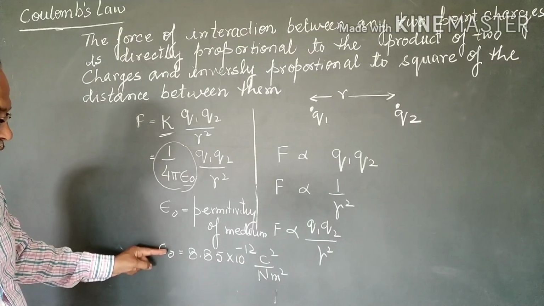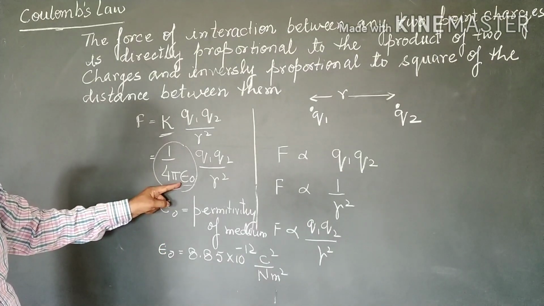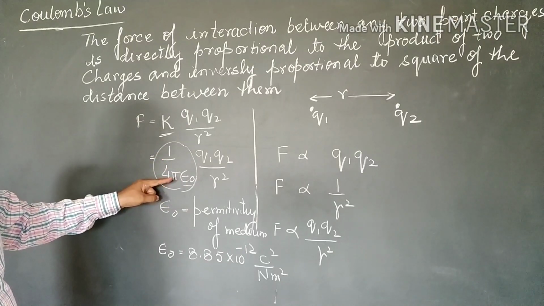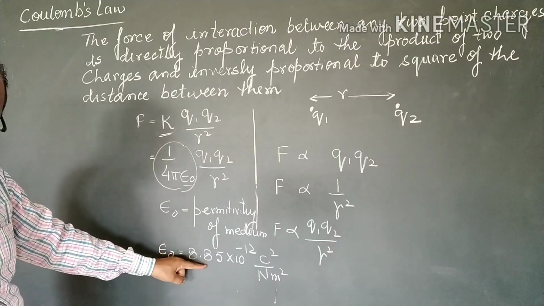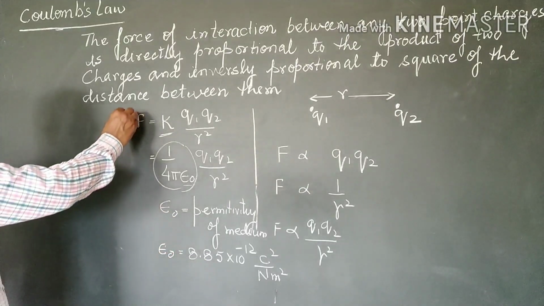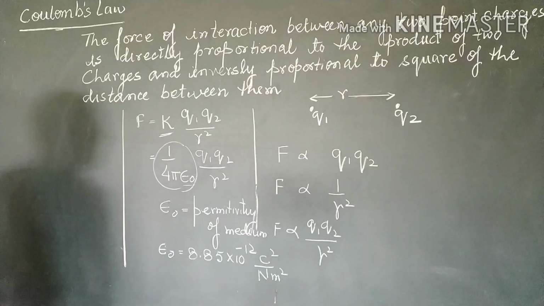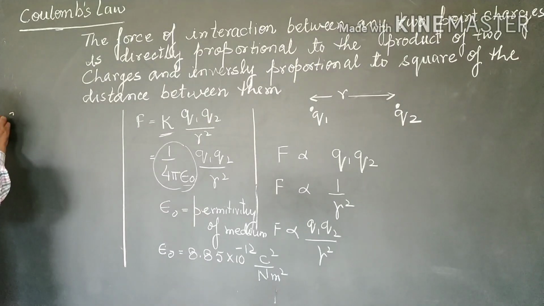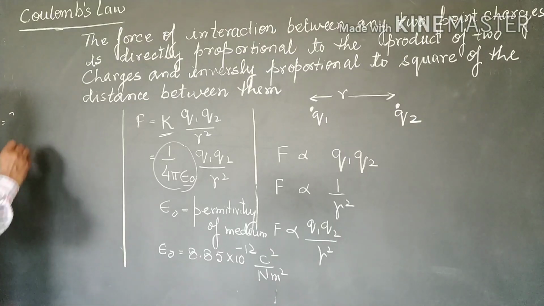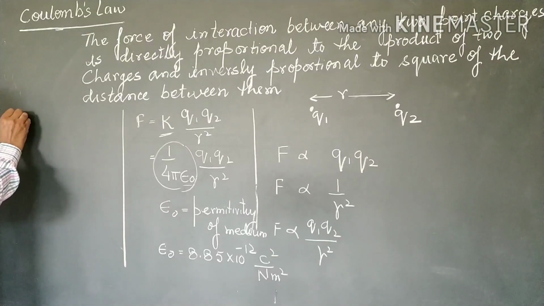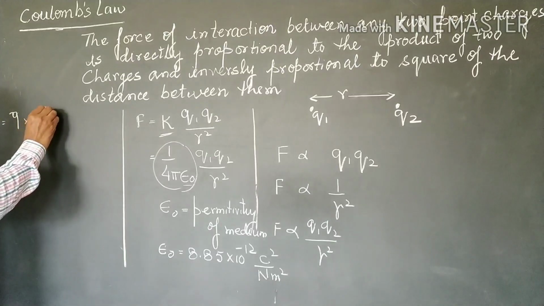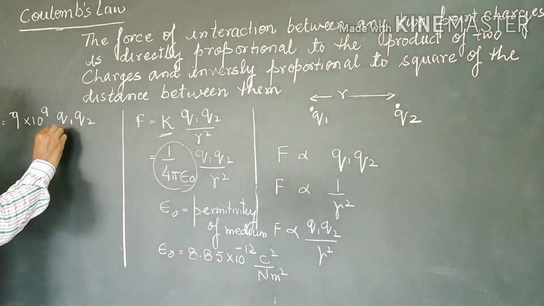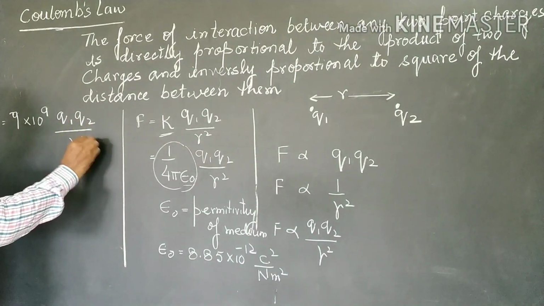So this is the value of epsilon naught. If we put the value of epsilon naught over here, and the value of pi as 3.14, for free space we will get F equals 9 into 10 to the power 9 times Q1 Q2 upon R square.